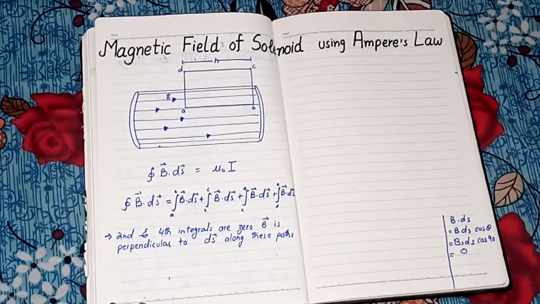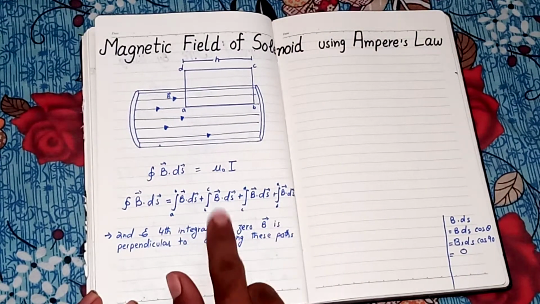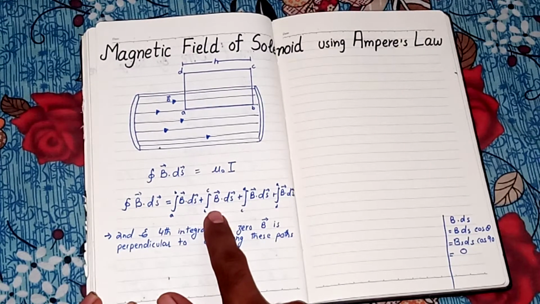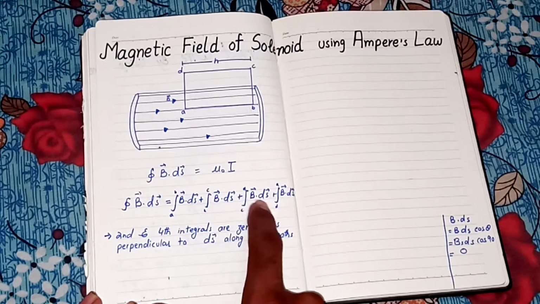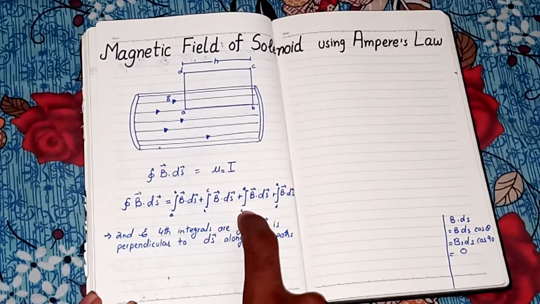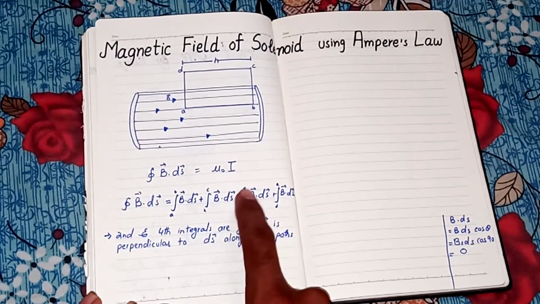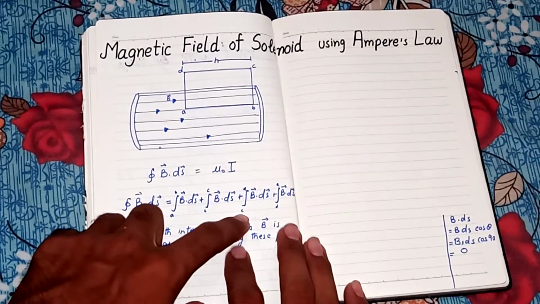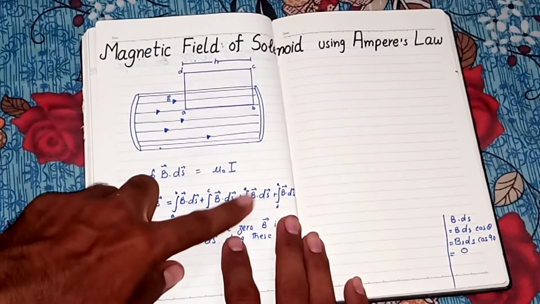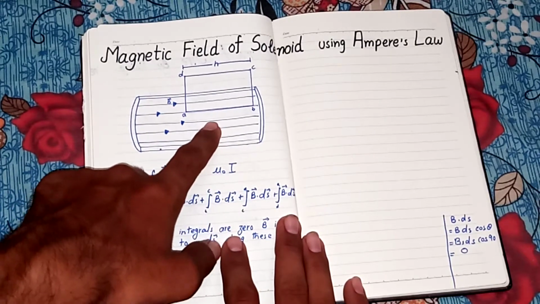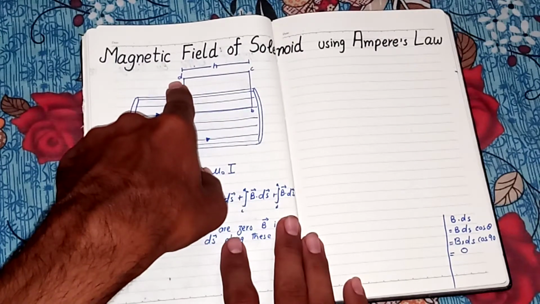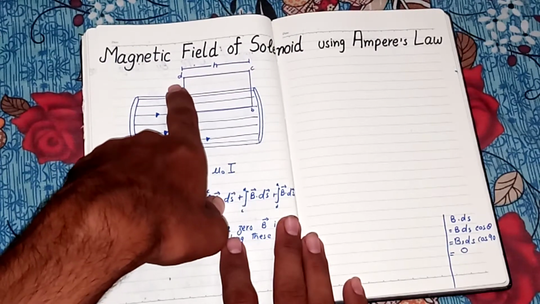Now focus on the third integral, which is B dot ds with upper limit d and lower limit c. Now look at this integral in our figure, which is this one, c d.